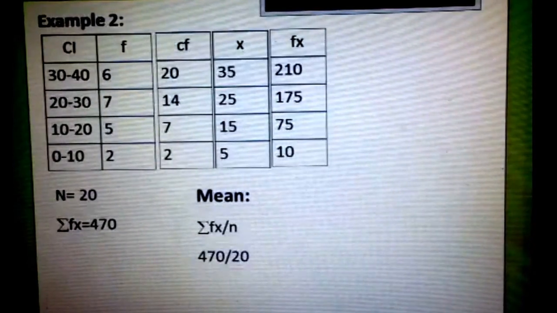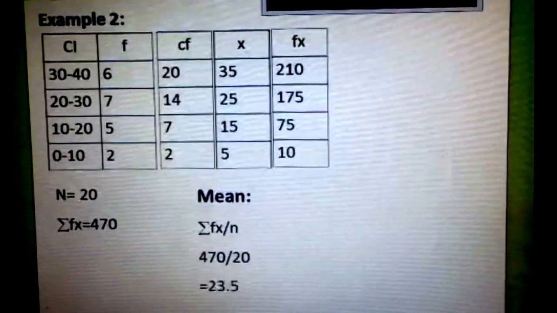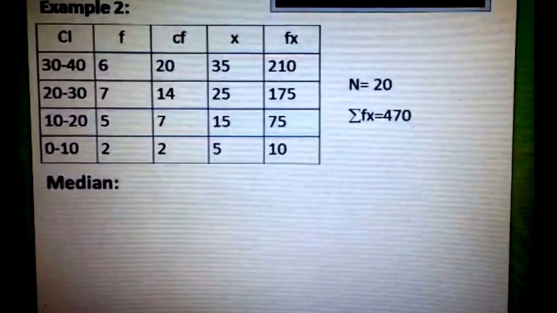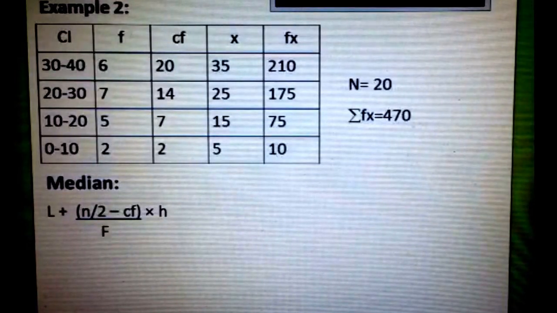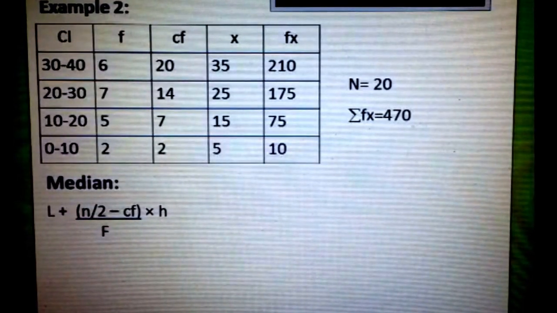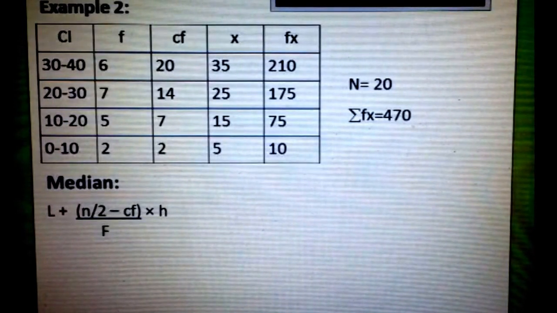So we have 470 over 20. And there we go. To get the median of this grouped data, we have the formula L plus quantity n over 2 minus Cf times h over f.